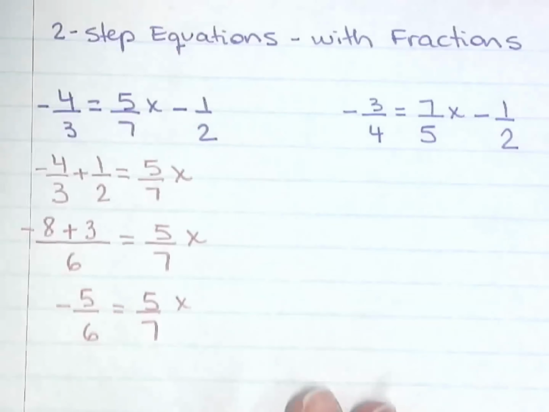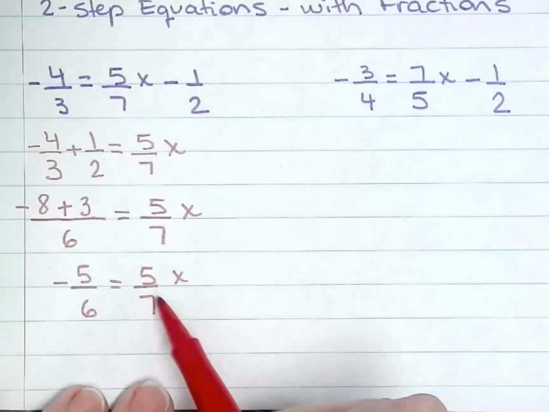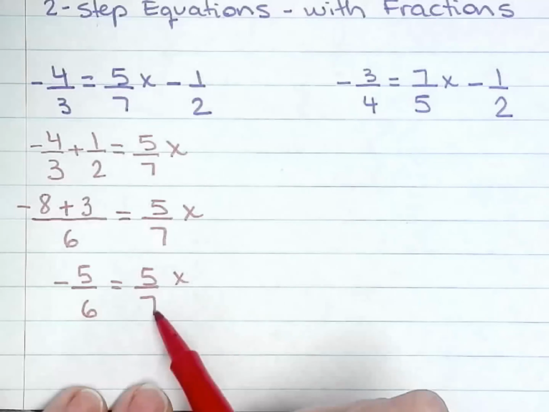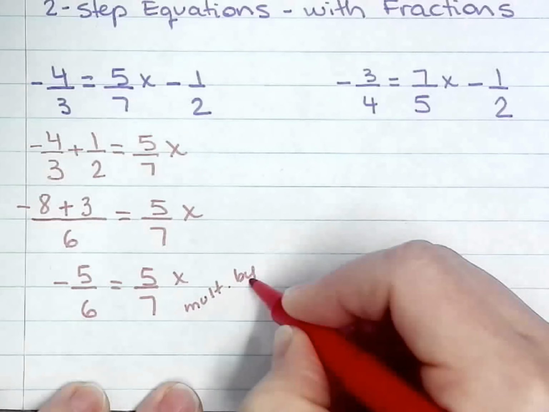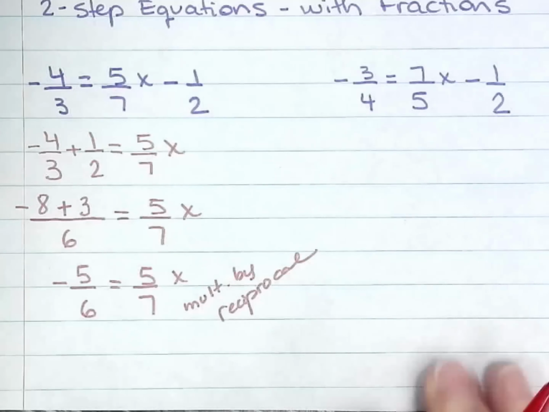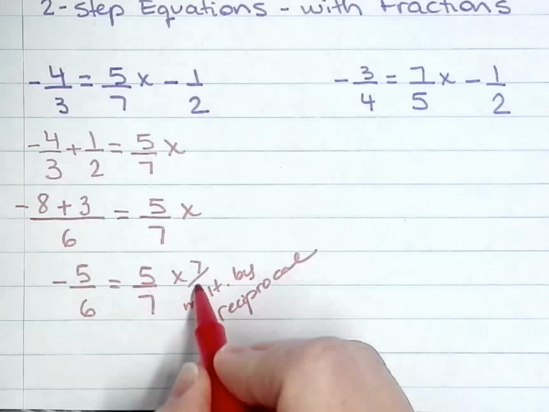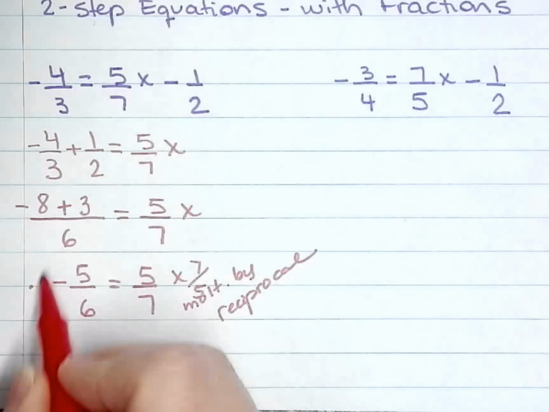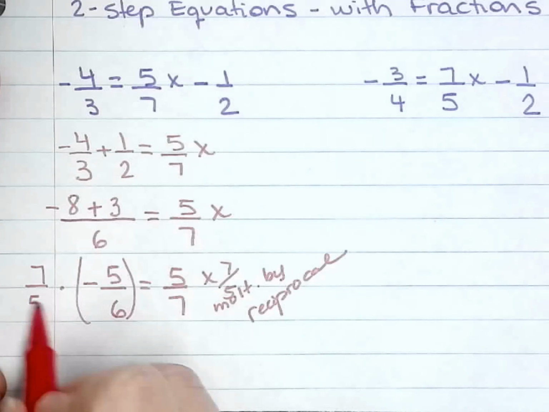Okay. So now I would have to divide by the number in front of x. When you divide a fraction, it's the same thing as if you multiply by the reciprocal. Okay, and the reciprocal of 5/7 is 7/5. So 7/5, multiply this by 7/5.